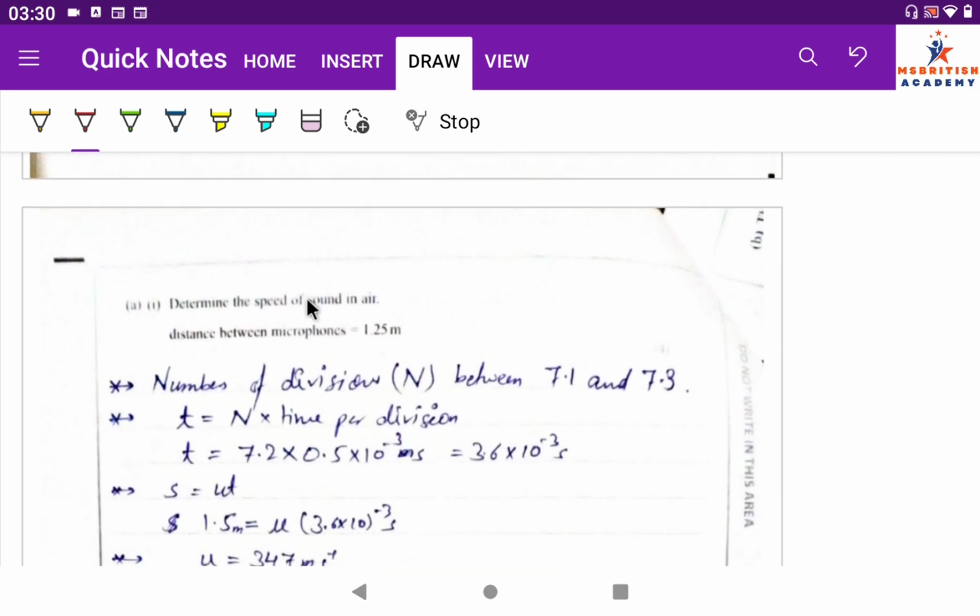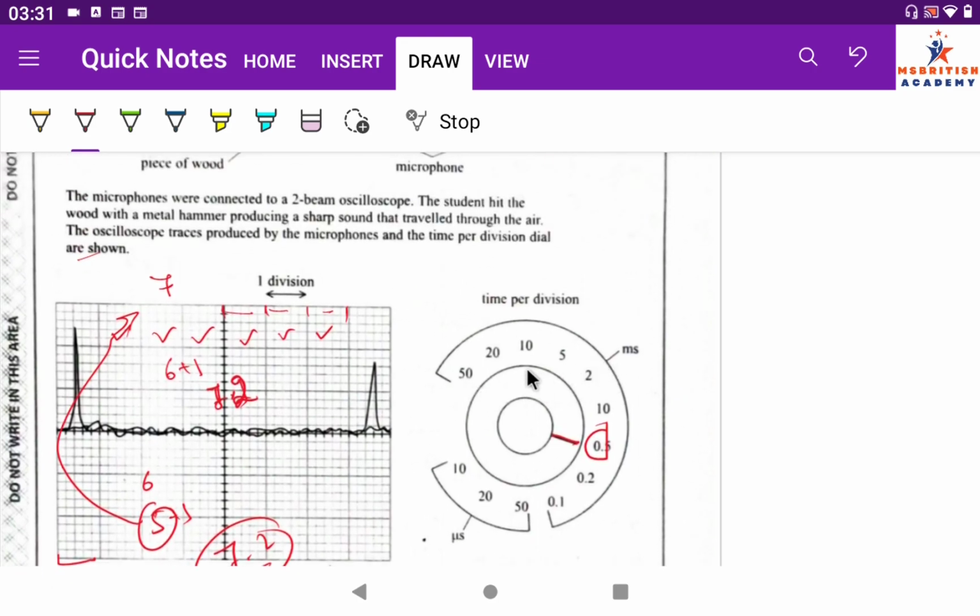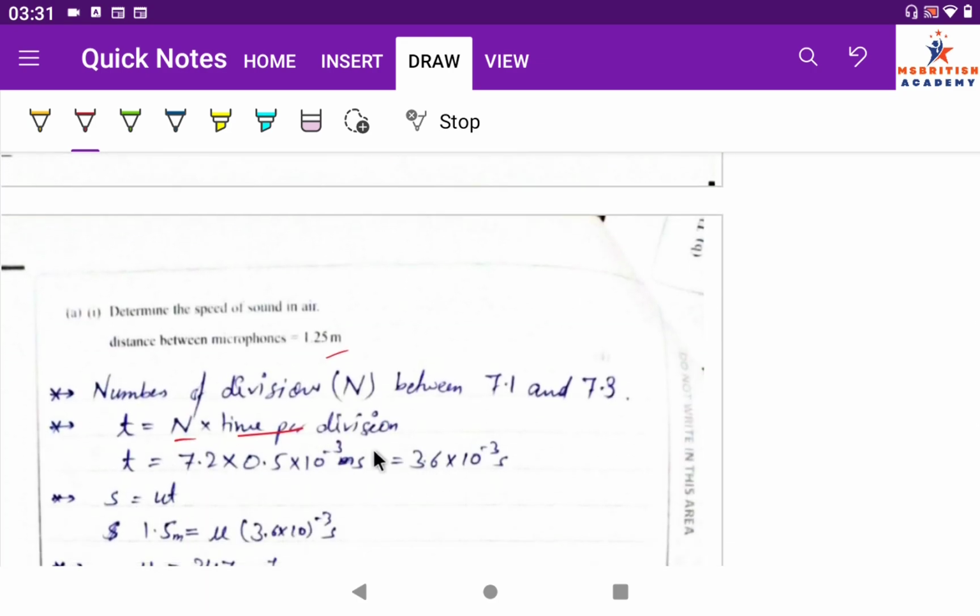So determine the speed of sound in air. The distance between microphones is given to us. The time will be the number of divisions times the time per division. So 7.2 divisions times 0.5 times 10 to the minus 3, because it was in milliseconds. So the time will be 3.6 times 10 to the minus 3 seconds, and for finding displacement you can use the formula s equals ut.